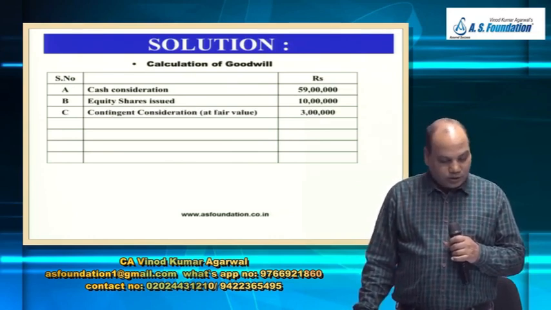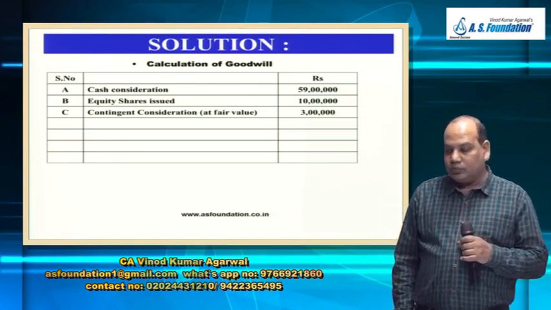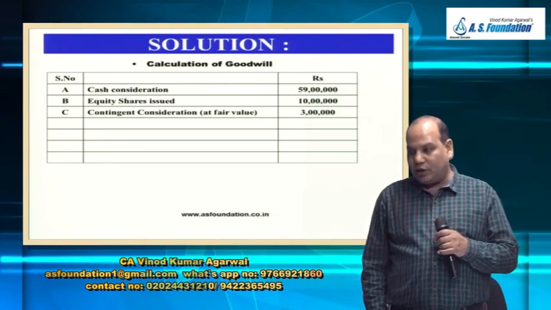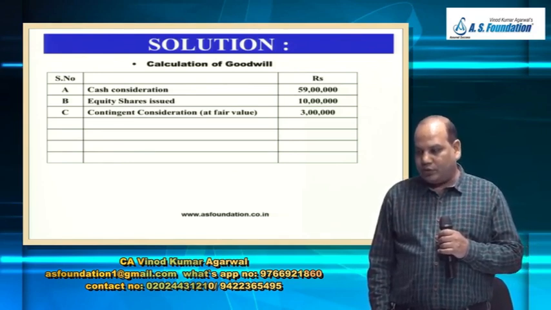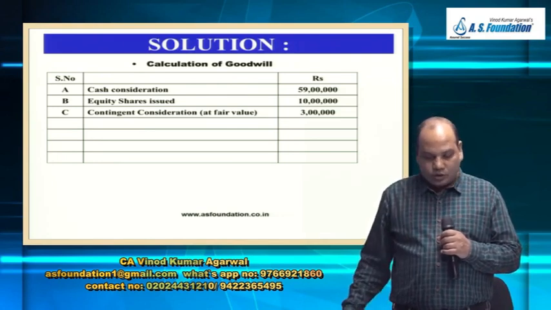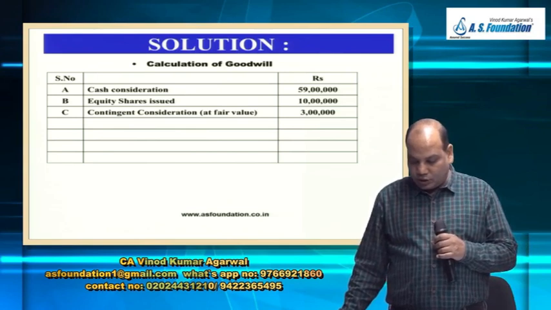And then write contingent consideration at fair value. Is it 3 lakh? Contingent consideration at fair value 3 lakh. So this A, B, C will give you the consideration paid for new lot.